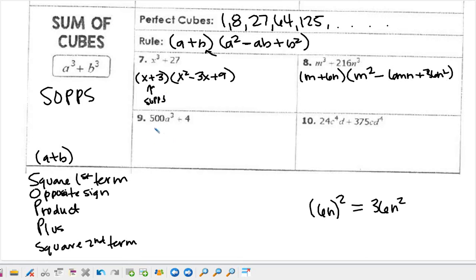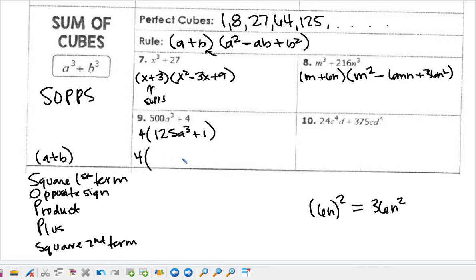Number 9, same scenario. So the first thing is 500 nor 4 are perfect cubes. So I immediately think, well, this obviously has to have a GCF or they wouldn't have put it in the sum of cubes section. So I'm going to take out a 4, my GCF. This gives me 125a cubed plus 1.